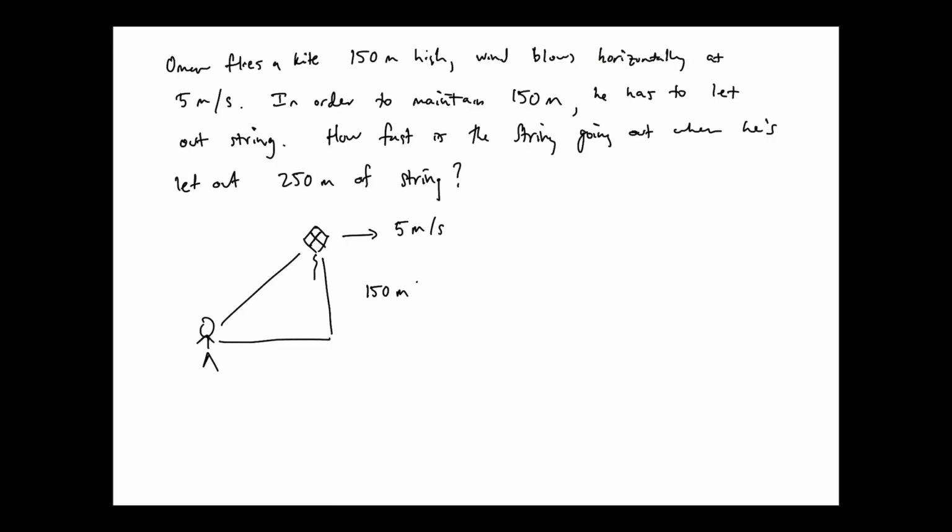Yeah. Okay. So we've got a couple things that we need to determine here. The first is, let's call this distance x, the distance that the kite is away from him along the horizontal, and let's call this distance z for the actual string length.